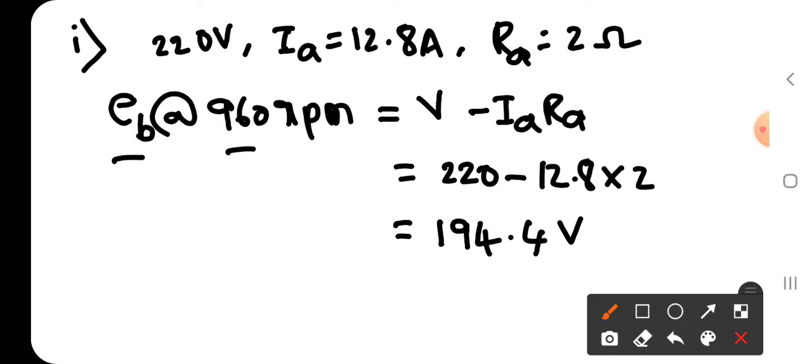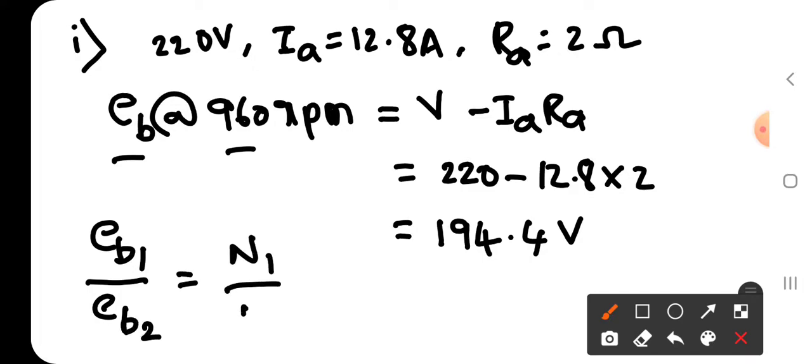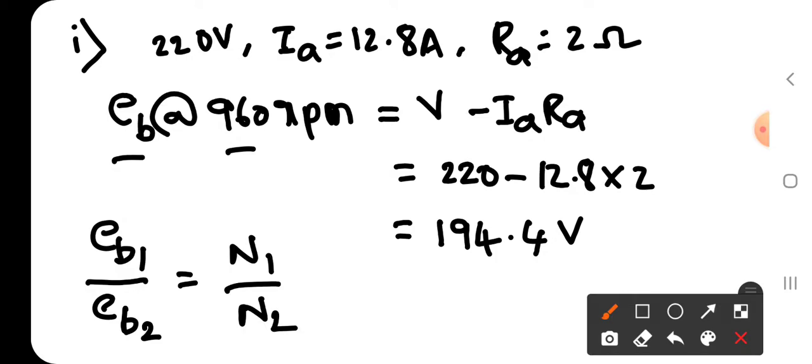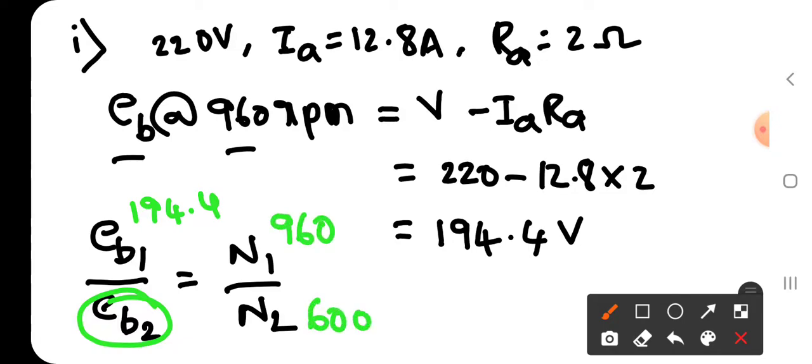Once we know the back EMF at 960 rpm, we can find the back EMF at 600 rpm. We know that EB1 by EB2 is equal to N1 by N2. Here EB1 is 194.4, EB2 we need to find, N1 is 960 rpm and N2 is 600 rpm.